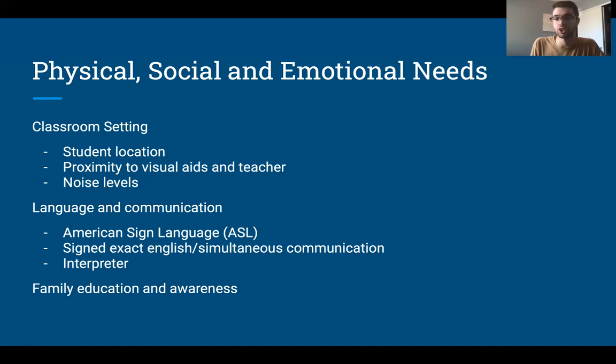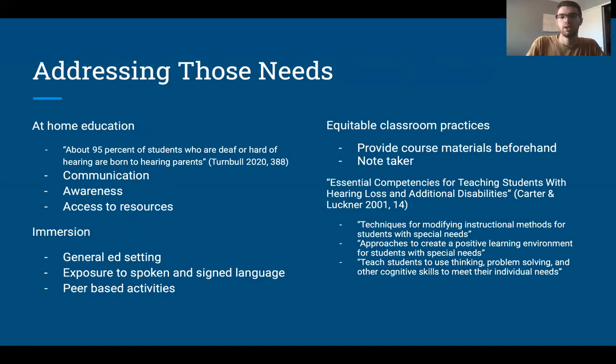Lastly, family education and awareness is going to be one of the biggest tools when looking at assessing students' needs and how family resources can help with this. Now, going back to that point, in order to address those needs, we need to provide at-home education. 95% of students who are deaf or hard of hearing are born to hearing parents.